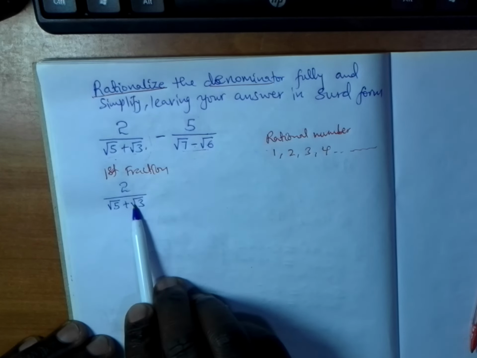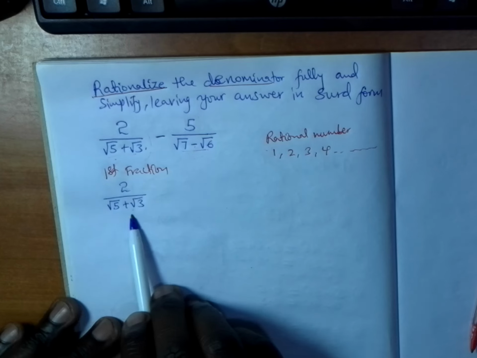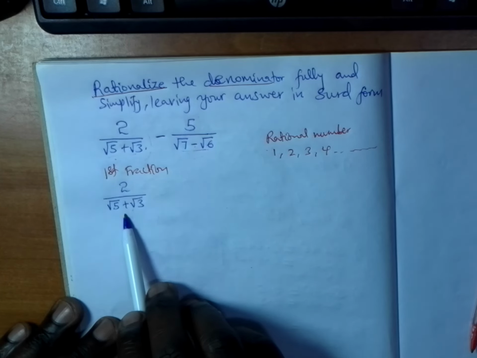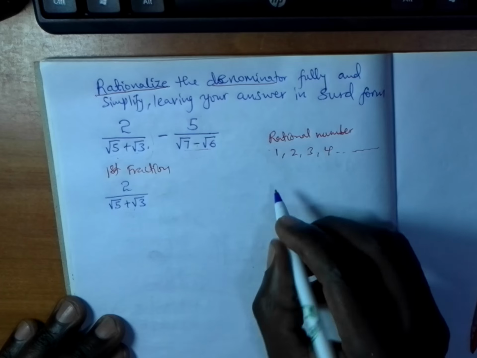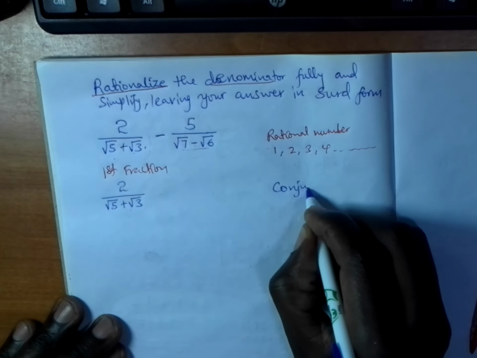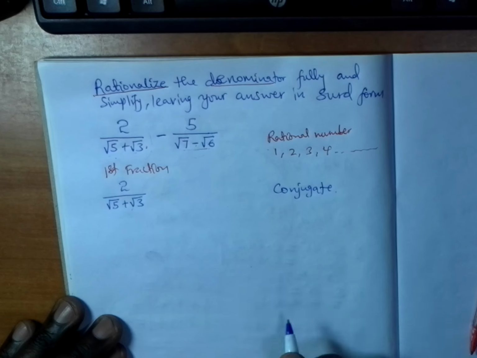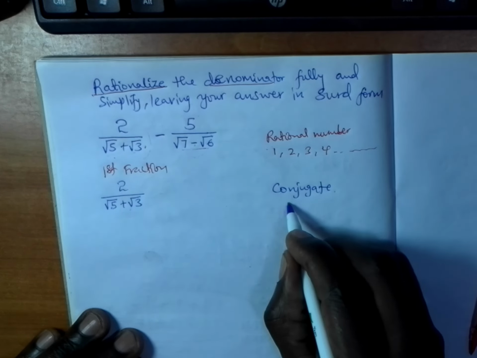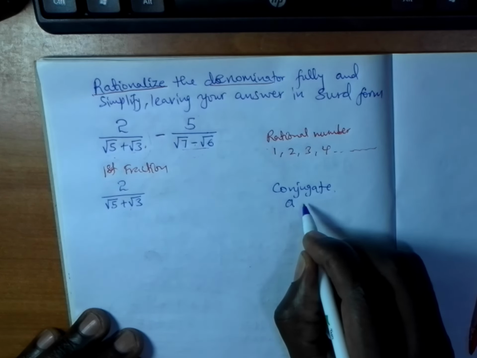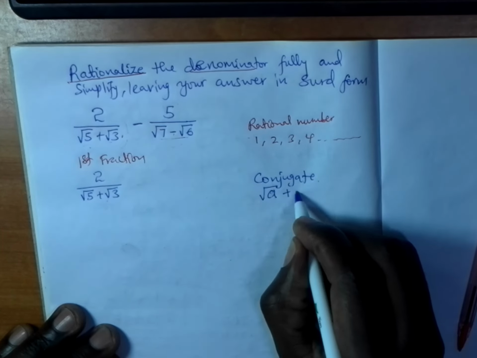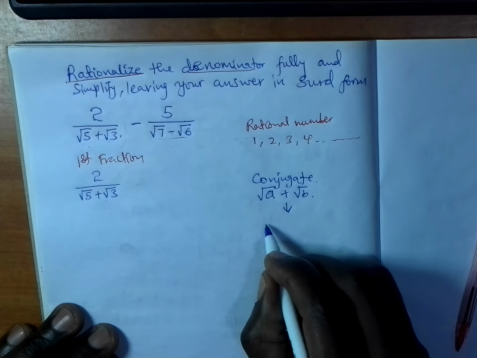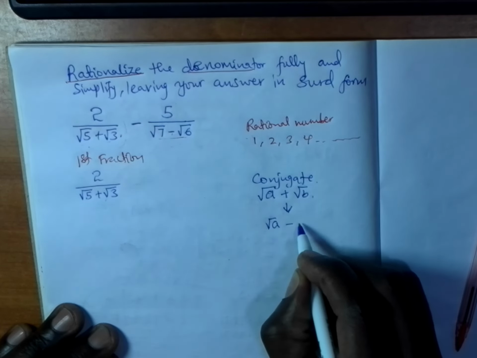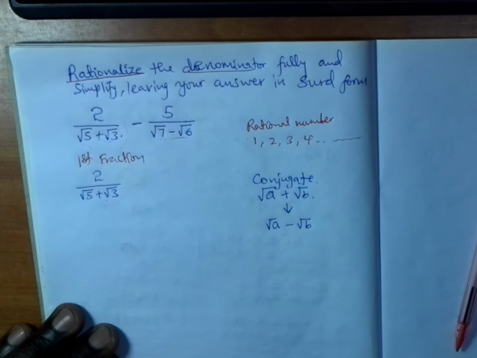First I'll have to rationalize the denominator of the first fraction, and to do that, I need to multiply by the conjugate. So if a number is root a plus root b, then its conjugate will be root a minus root b.